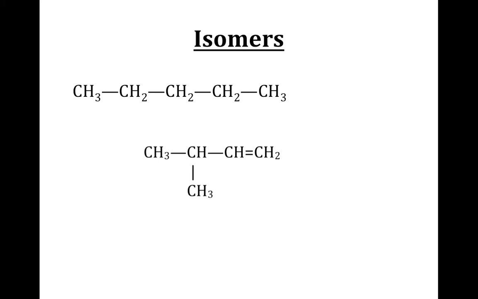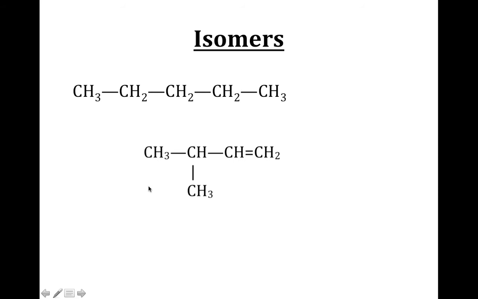Now we look at this one. Well, when I do my formulas, I go 1, 2, 3, 4, 5. They both have 5 carbons. And then I go 5, 6, 7, 8, 9, 12 hydrogens. And I go 3, 4, 5, 6, 7, 10 hydrogens. So in one case, I have C5H12.